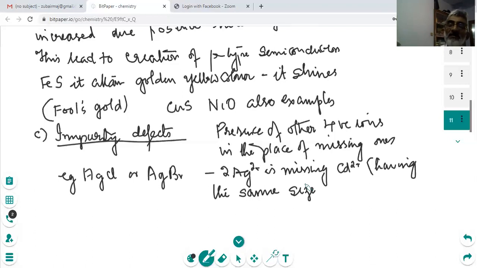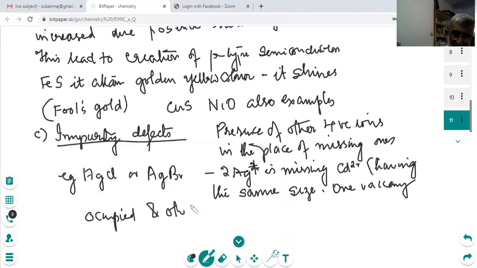So now Cd is 2 plus, and silver is only Ag plus. That you have to remember. So one of the places will be occupied by the Cd, one vacancy occupied, and the other is left vacant. See, the characteristic has changed.